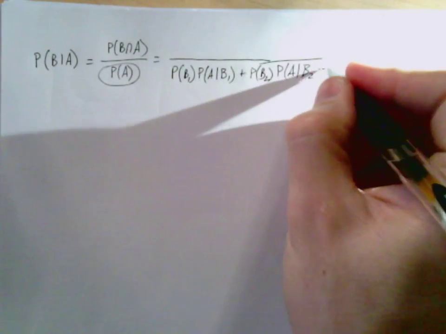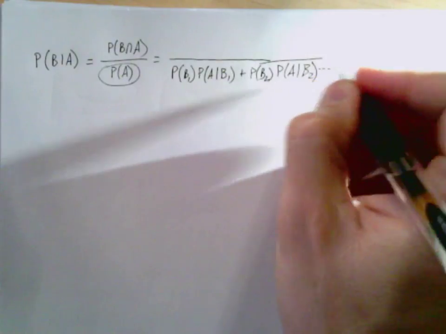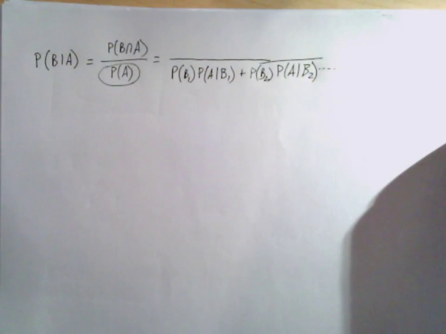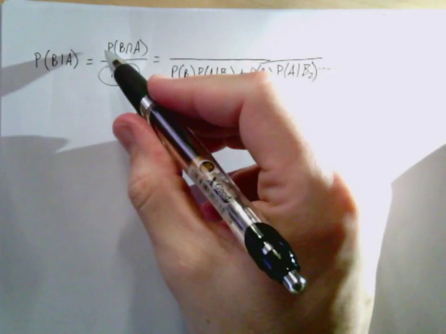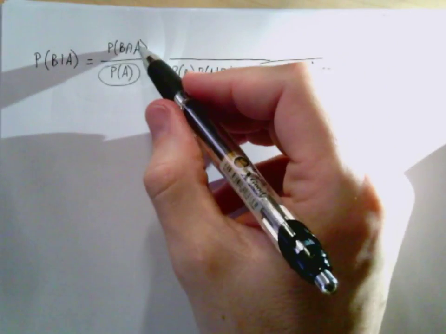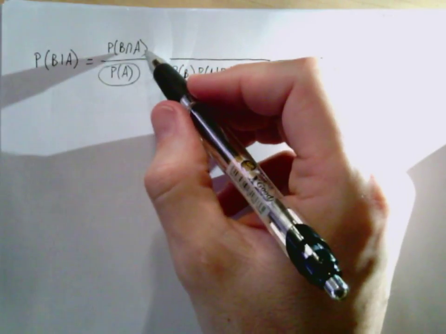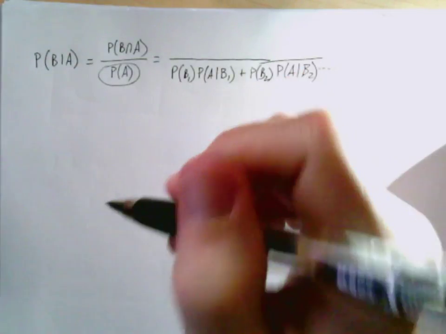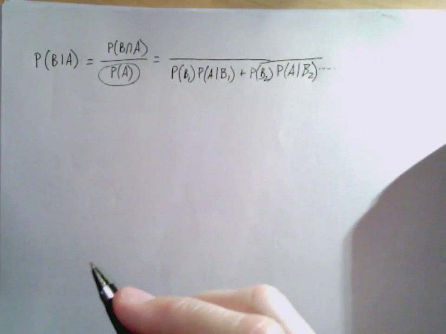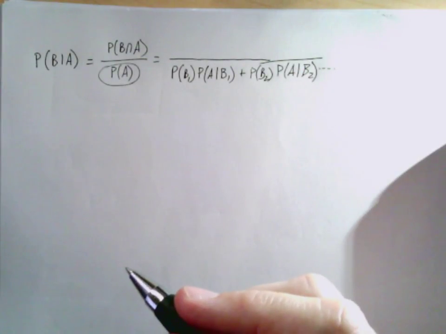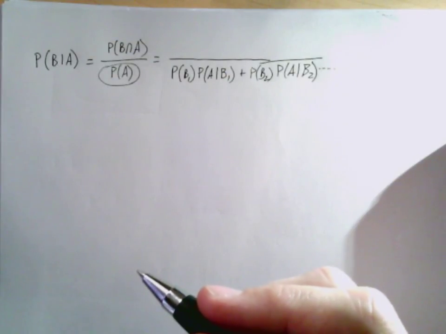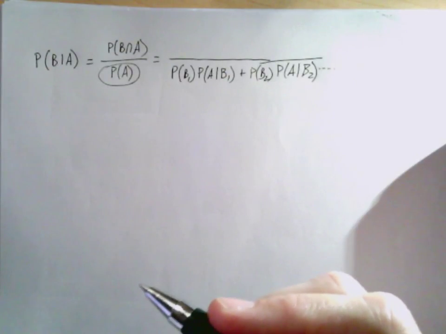And obviously we can go on and on for however many B's there are. Okay? On the top, the probability of B and A. What is the probability of B and A equal to?